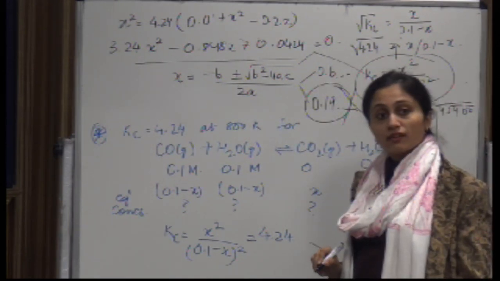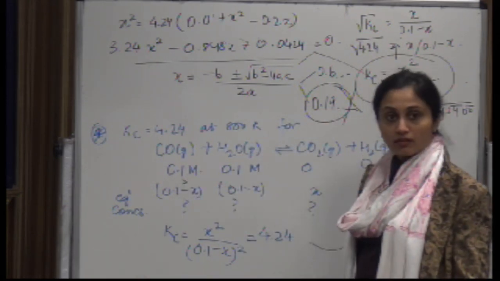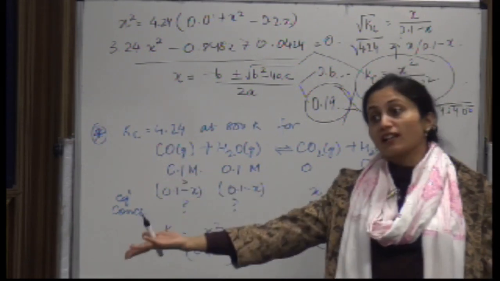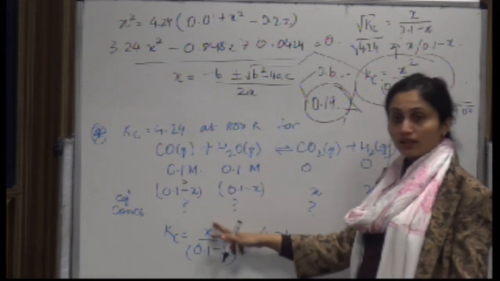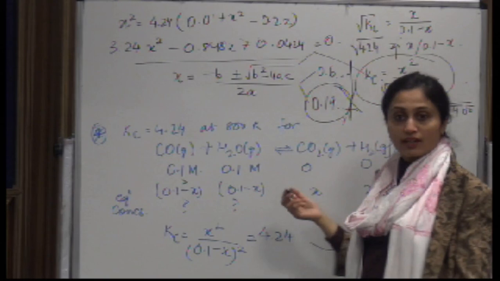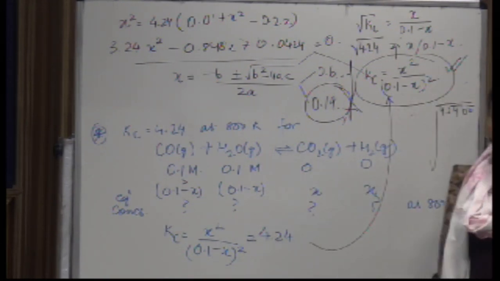Why? Because the initial concentration was 0.1, so at equilibrium you cannot have the reactant concentration greater than the initial concentration. So 0.19 will be greater. In that case it becomes lengthier to decide which one is to be omitted, so we generally prefer this method for a faster route.